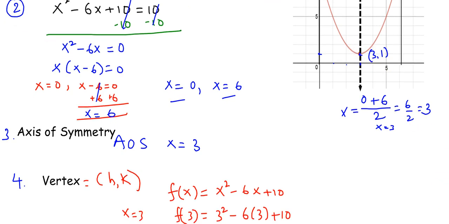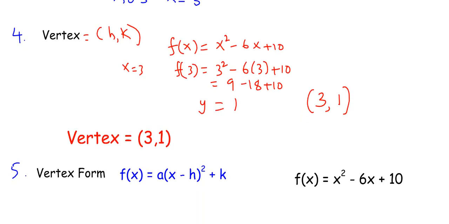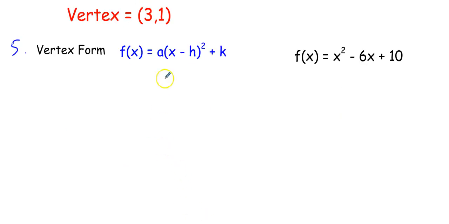Now in the next step, that is step 5, the last step I think, we have to change this function x square minus 6x plus 10 into the vertex form. Almost everything we have now, right? We see that a is equal to 1, that a value is 1.